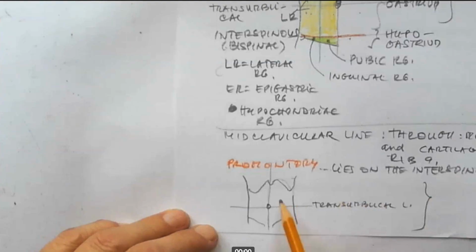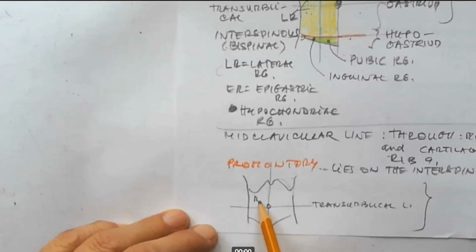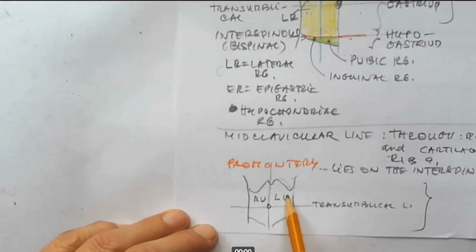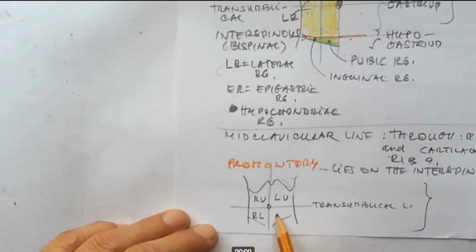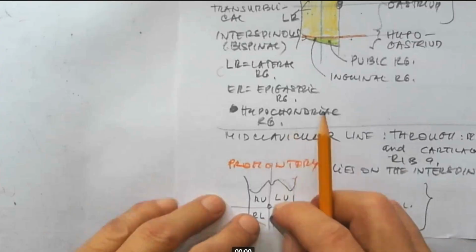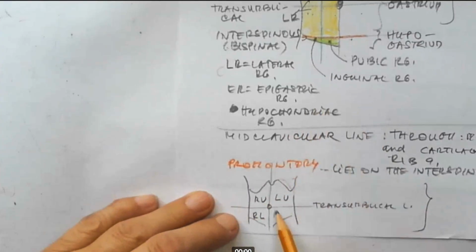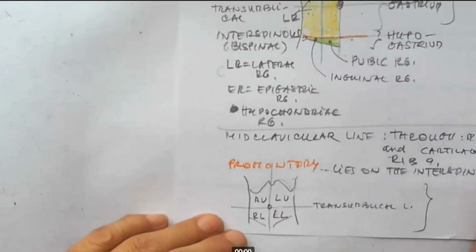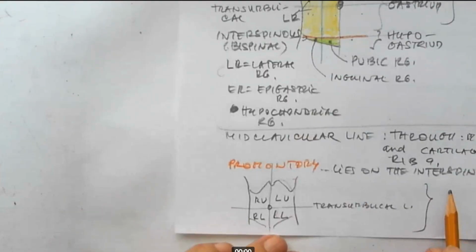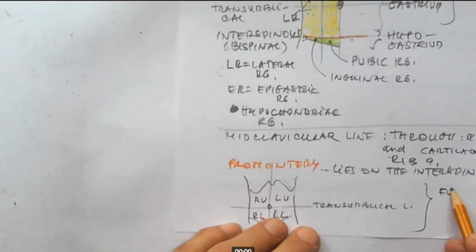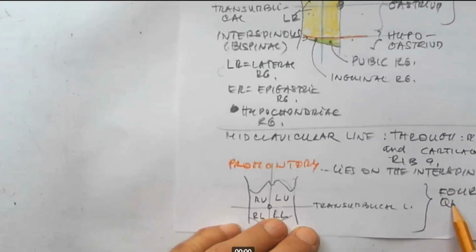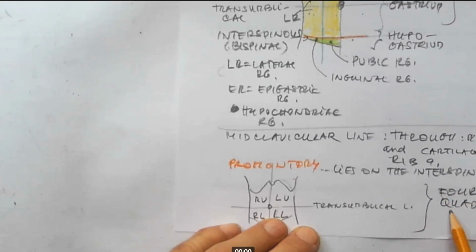So we divide 4 quadrants: right upper, left upper, right lower, and left lower. We call it the 4 quadrants pattern.